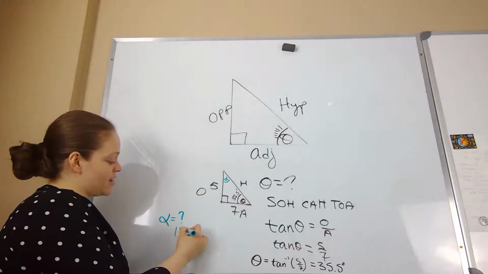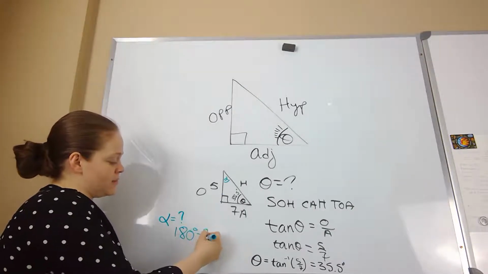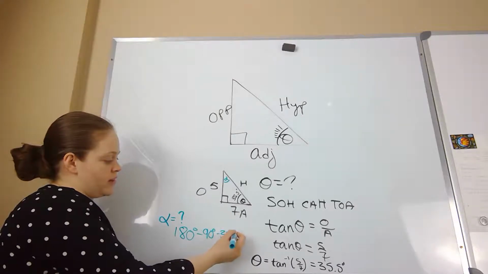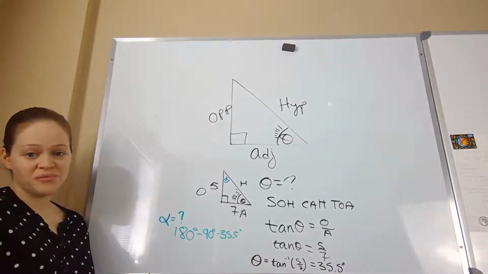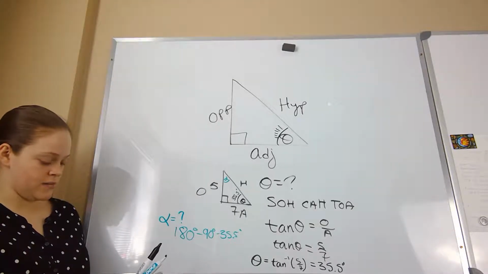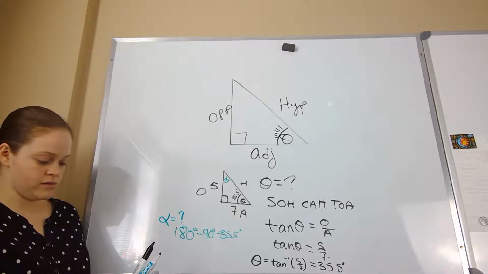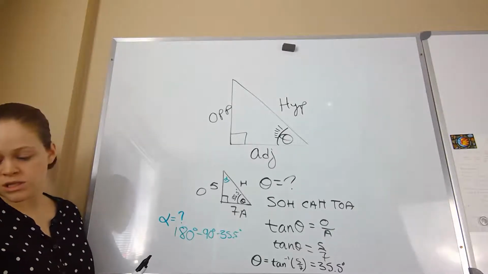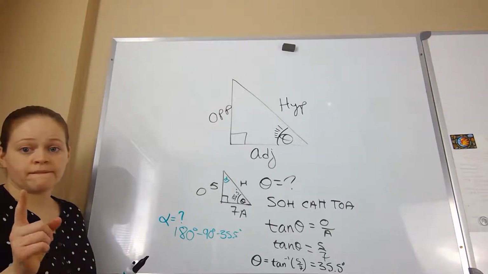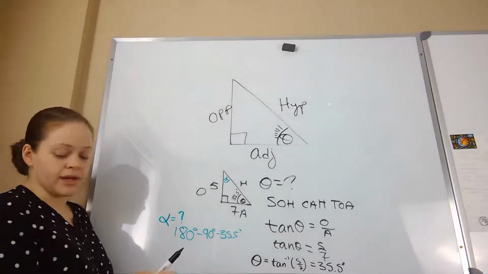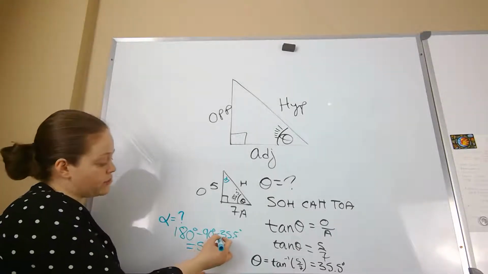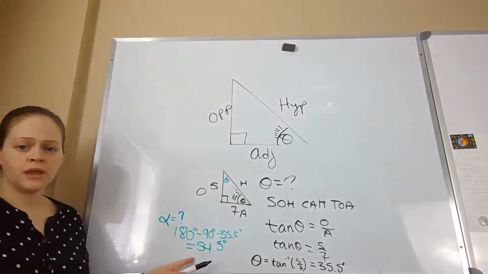So if we have 180, we know this one's 90, we can subtract off 90. We know this one's 35.5, we can subtract that off as well, and that'll give us our other angle. So 180 minus 90 minus 35.5, we get 54.5. Okay, Pythagorean theorem, so hang on a sec with that. For this, it's going to be 54.5 degrees, okay?